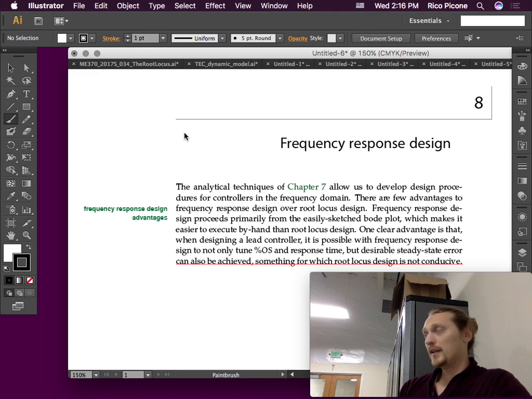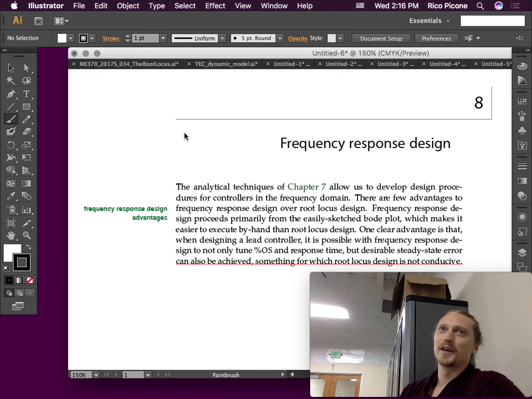You remember in root locus design we would arbitrarily set where the pole and zero were for the lead controller. The frequency response design gives you a more straightforward way to choose that based also on your desired steady state response or steady state error. So that's really the only advantage, but then again you could just add a lag on there separately.